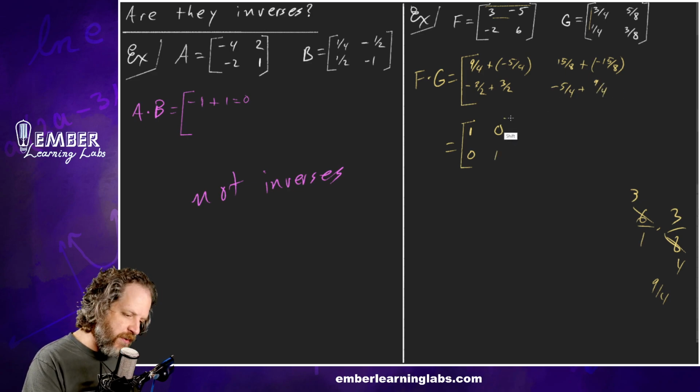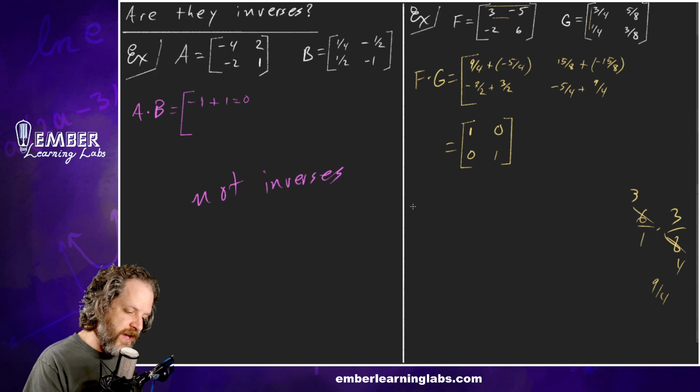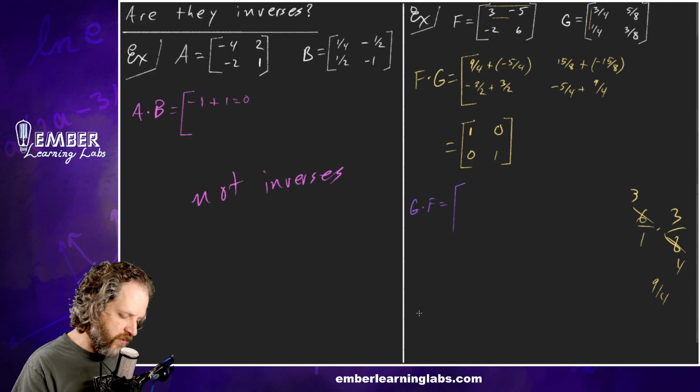So that works, but before we can say for sure that F and G are inverses, we've got to try it the other way. So let's do that. G times F equals. This time I am going to rewrite these so that I can keep the order straight.